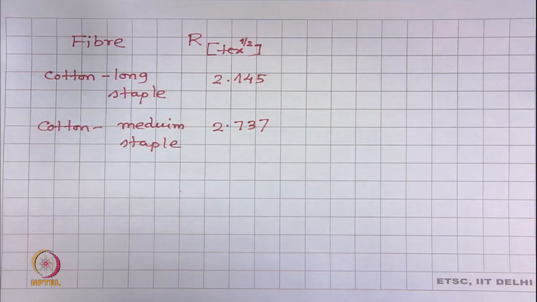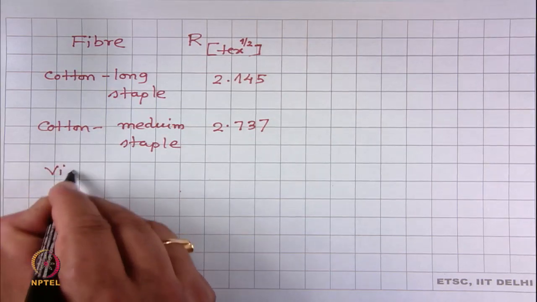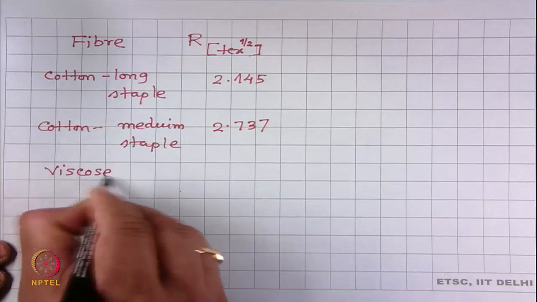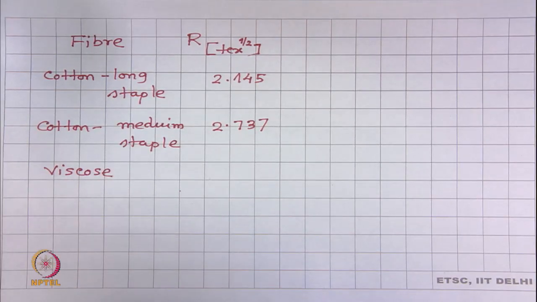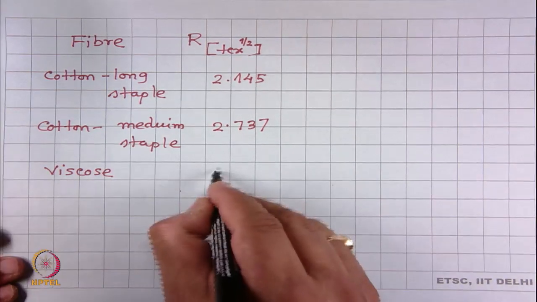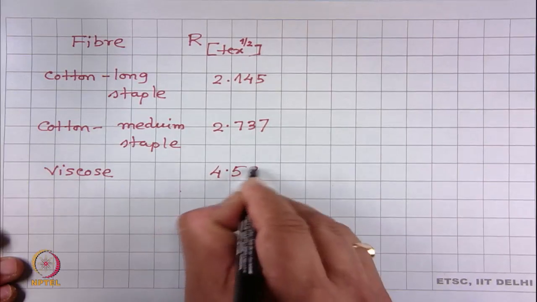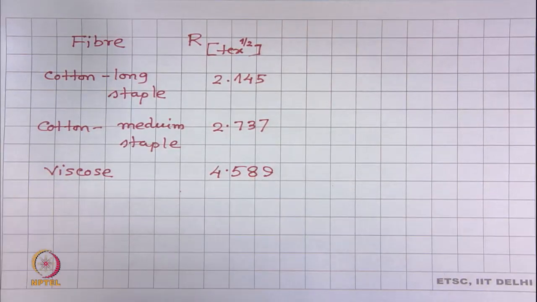Similarly, for viscose this value we found much higher, 4.589.